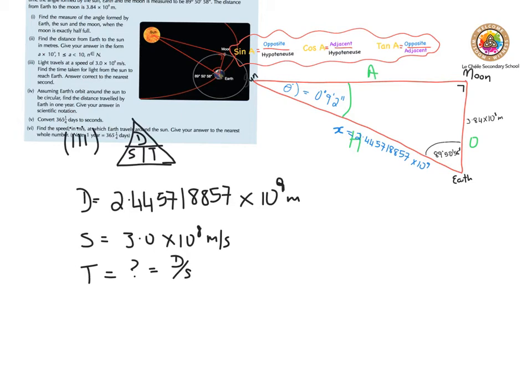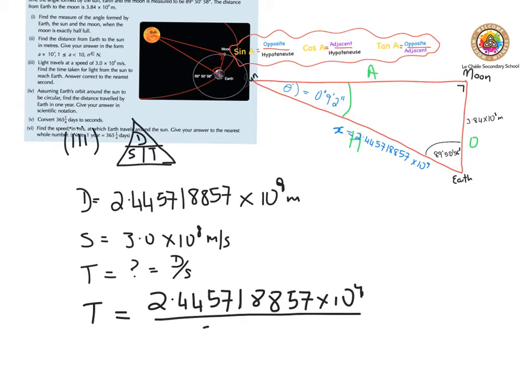So filling in here, I have time is equal to distance, so 2.445718857 by 10 to the power of 9, and that's divided by 3.0 by 10 to the power of 8, and putting that into my calculator, I find that time is equal to 8.1523 seconds.